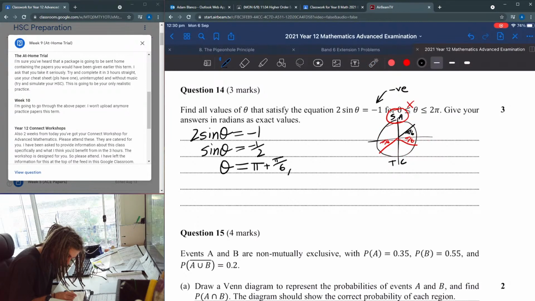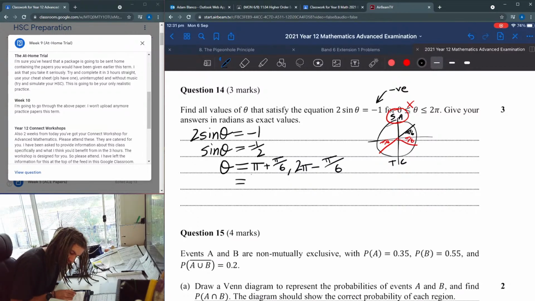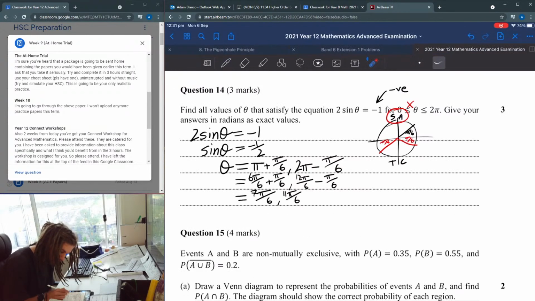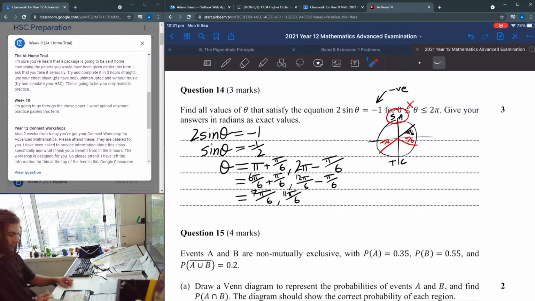So 360 is 2 pi minus pi on 6. I could probably leave it like that, but let's just say that's 6 pi on 6 plus pi on 6, and that's 12 pi on 6 minus pi on 6. That's 7 pi on 6 and 11 pi on 6. And if you're not sure, you can substitute each of those into there, and they should make sense. Okay.